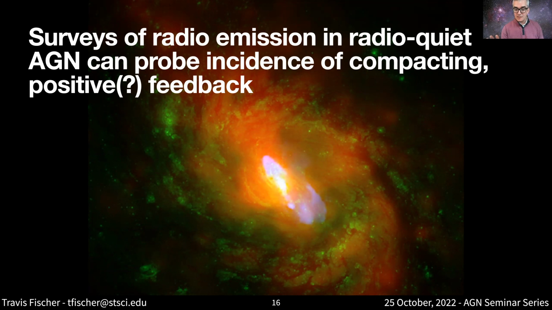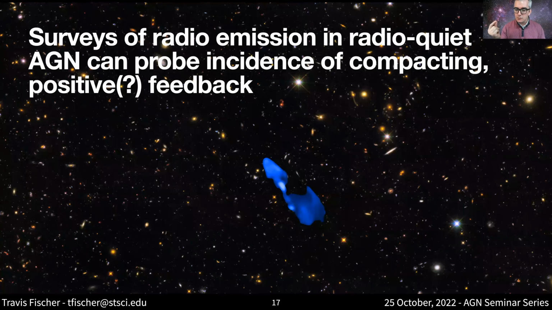So here's NGC 1068. You have the optical in green, X-rays in red, radio in blue. If we turn off the optical and the X-ray, you just have this radio structure, which is extended. Now if you have some signature showing that the AGN is running into the host material and compacting it at this region.